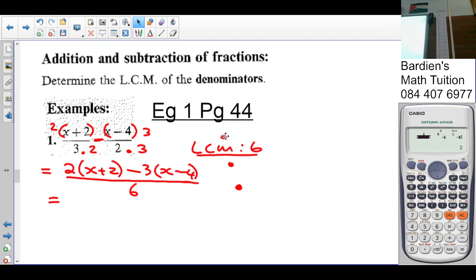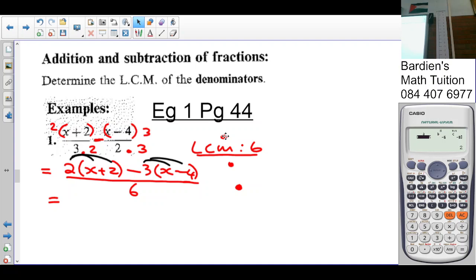Create equivalent fractions. So make equivalent fractions. The third one is simplify. Or you can get rid of the brackets and then add like terms. It means the same. So how do we simplify this? By multiplying. Okay?